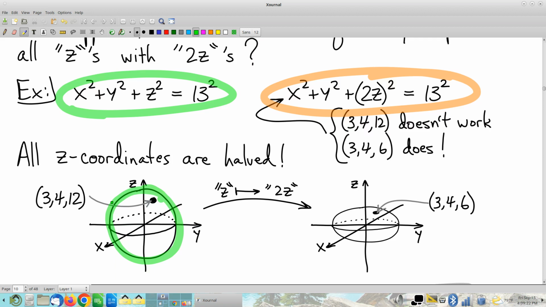That wasn't the question we were asked, of course. We want to understand this equation. So the observation I'm going to make is that the only difference here is that everywhere that there had been a z, notice I have replaced the z with 2z. And the question I want to address is, what does that do to the surface?